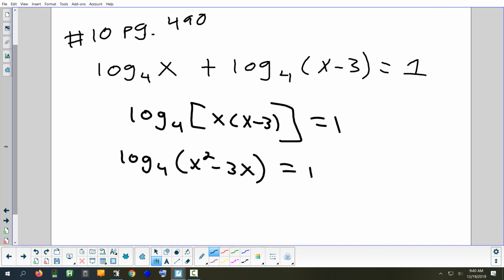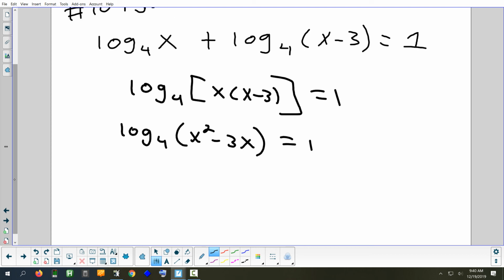Okay. So now the next thing we have to do is the last thing that I've taught you that has to do with logs. After that step, it's all algebra. So what should I do with this equation now? Exponential.